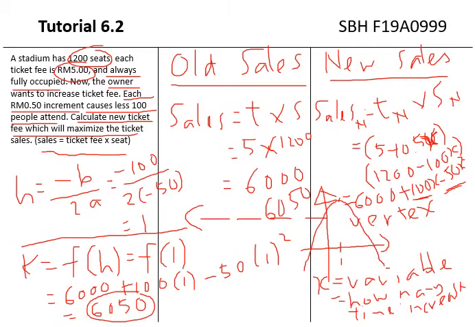Means that the owner is suggested to increase one time only. When he increased one time, he increased how much? 50 cents, right? Then from the old price is 5 ringgit. So he increased one time is 50 cents. So now the new ticket price would be RM 5 ringgit 50 cents. This is the answer.